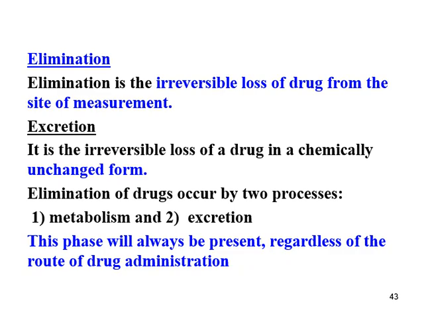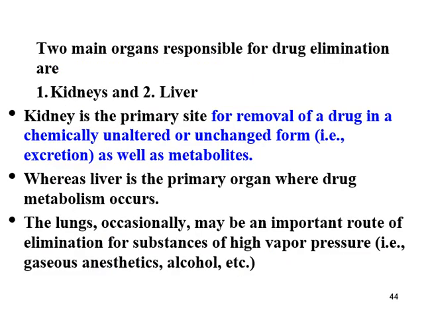There are two organs majorly responsible for drug elimination. One is the kidney, another is the liver. The kidney is a primary site for removal of drug in a chemically unaltered, unchanged form, as well as the metabolites of that drug. The liver is the primary organ where the metabolism happens if the drug can be metabolized.